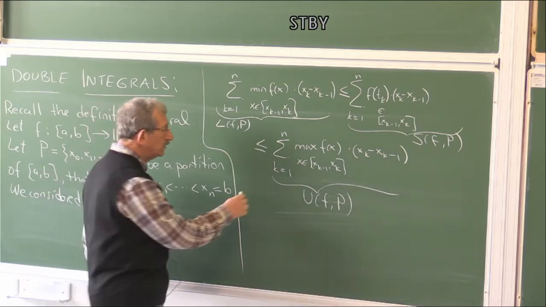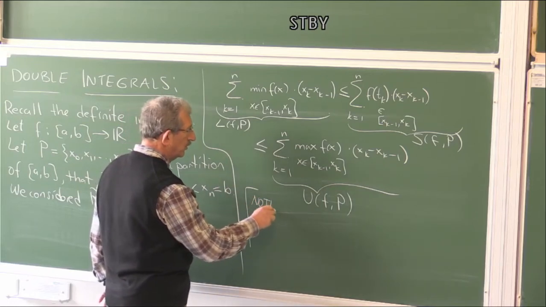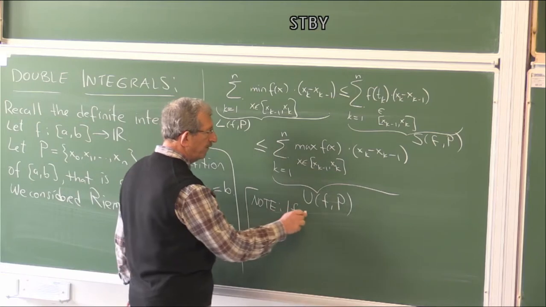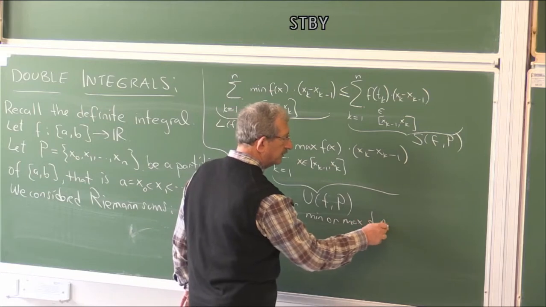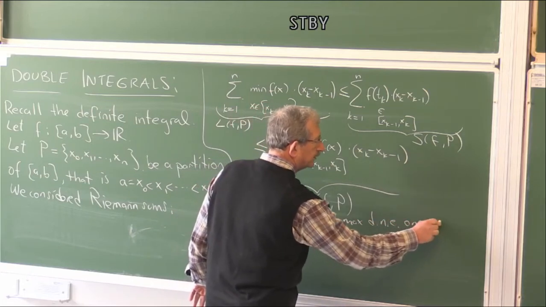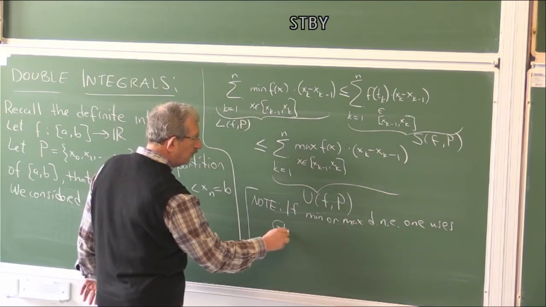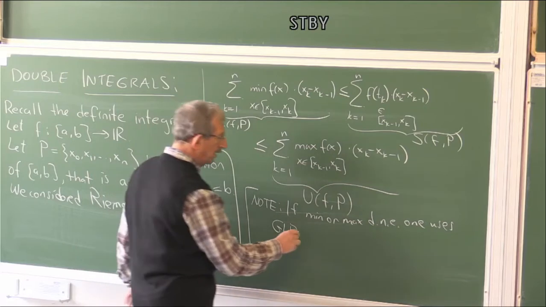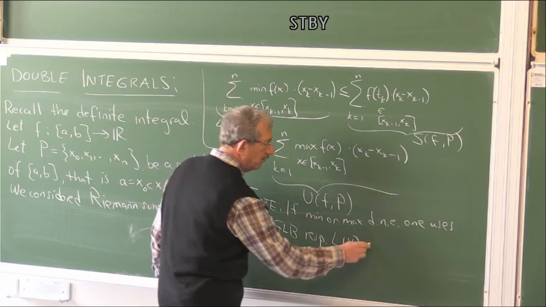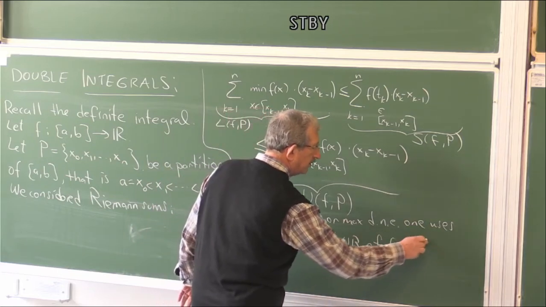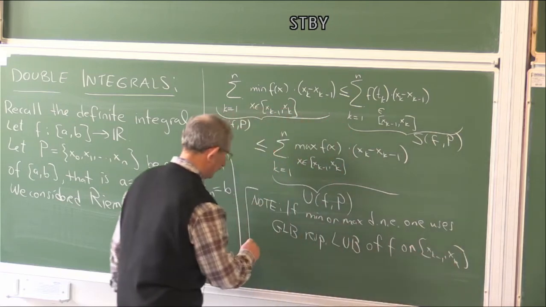So I will not change my notation, but simply note that if the minimum or maximum does not exist, one uses the greatest lower bound, respectively the least upper bound, of f on the interval [x_{k-1}, x_k], and so on.